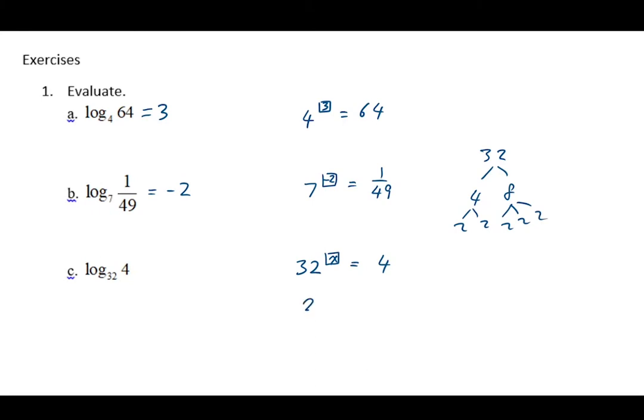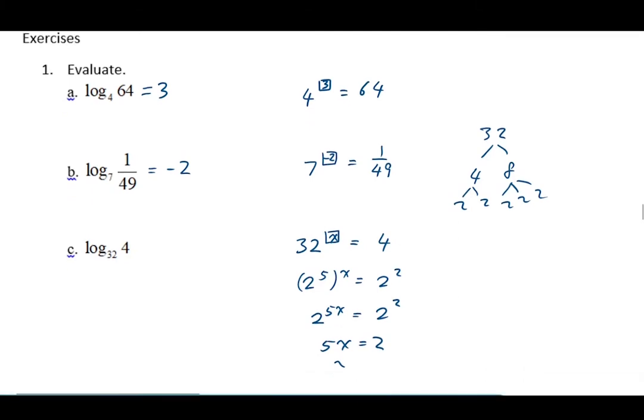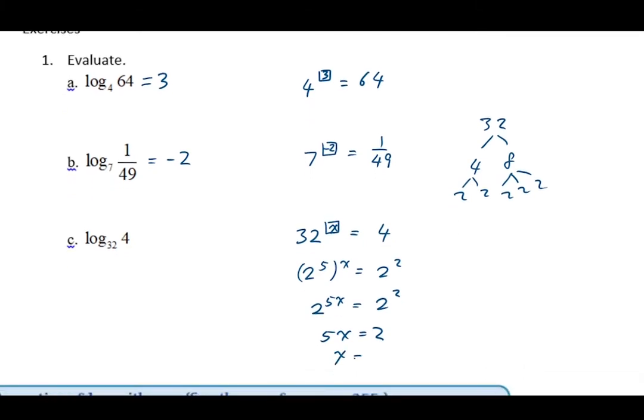So it's 2 to the 5th power to the x power is equal to 2 squared. So rule of exponent tells you 2 to the 5x is equal to 2 squared. Therefore, 5x is equal to 2, and x is equal to 2/5. How about that? So this is 2/5.